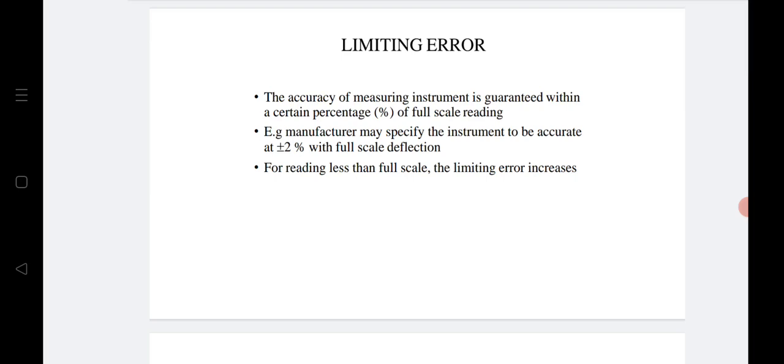The accuracy is measured as plus or minus 2% of full scale deflection. Calculating that value is known as limiting error. For readings less than full scale deflection, the limiting error will increase.